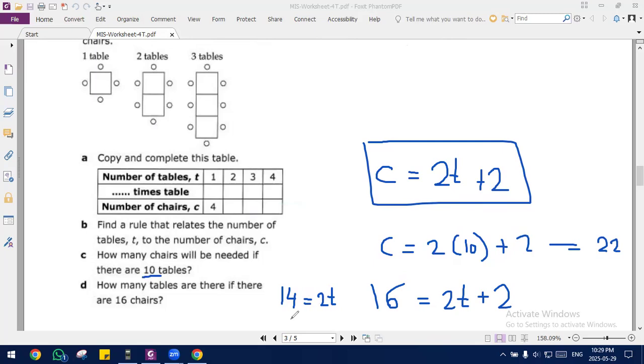Then divide by 2 to keep t the subject. So t is equal to 7. So 16 chairs means 7 tables. If you need to make sure, let's continue here. So 4 chairs, 6, 8, 10, 12, 14, 16. So look, 16 chairs, 7 tables.